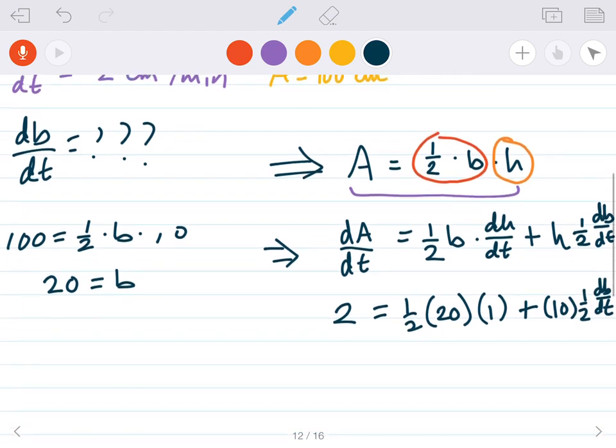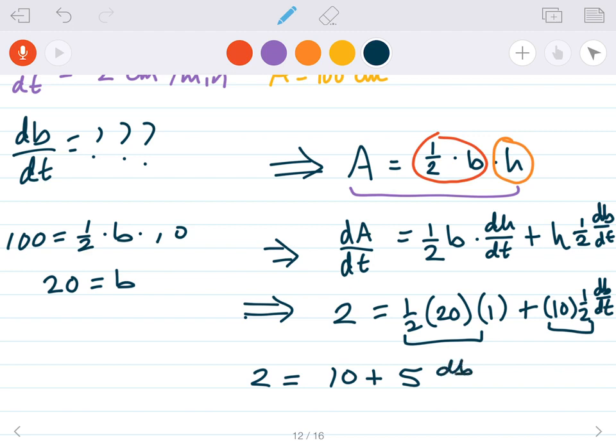So I'm going to simplify this more. This guy becomes 10. 10 times a half, well, that's just 10 divided by 2, which is 5 db/dt.